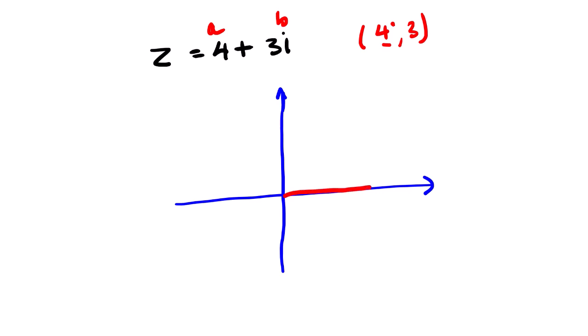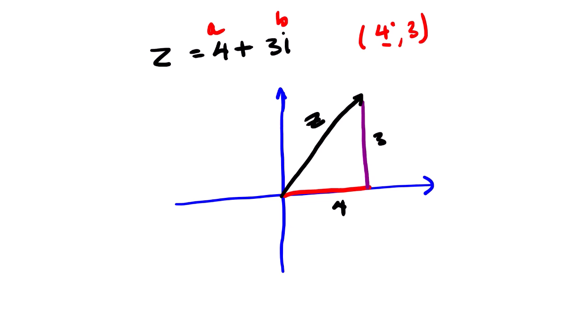And then 3 is positive 3, it's 3 units in the up direction, which is a positive direction. And then our modulus will be here. So this will be z, this will be 3, then this will be 4.